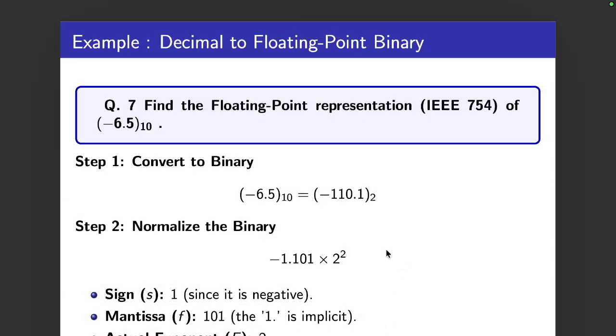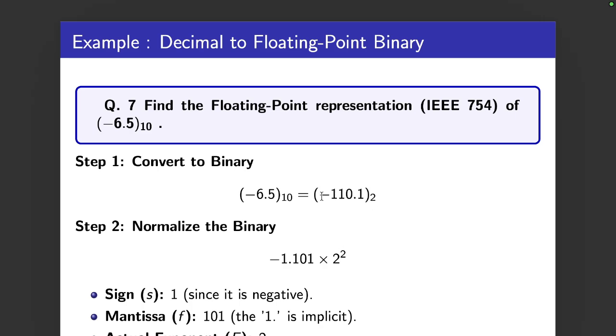Find the floating point representation of minus 6.5 to the base 10. First we convert this decimal to binary; we have already discussed this process. Next, normalize the binary. The binary number is 110.1, so move the binary point in such a way that it becomes 1.101 times 2 to the power 2.